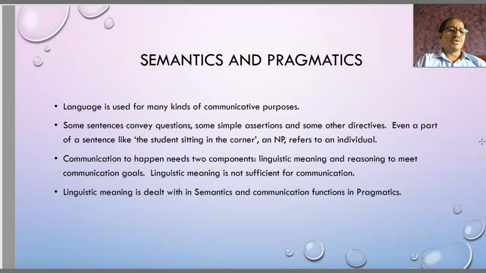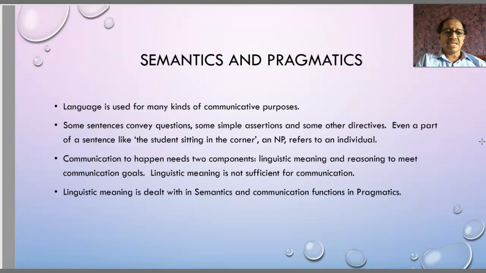For example, if you look at a sentence like, can you close the door please? It is not a question. It is not just a factual question too, like you get an answer like yes or no.